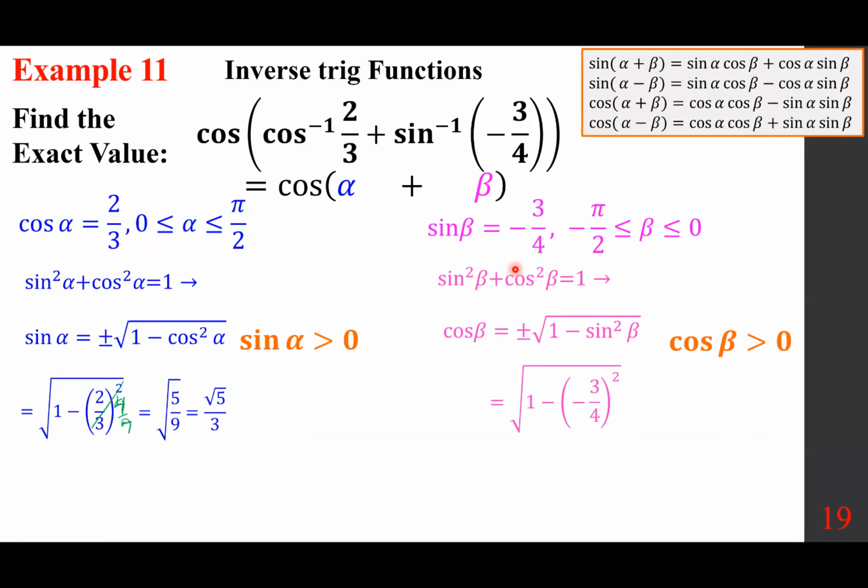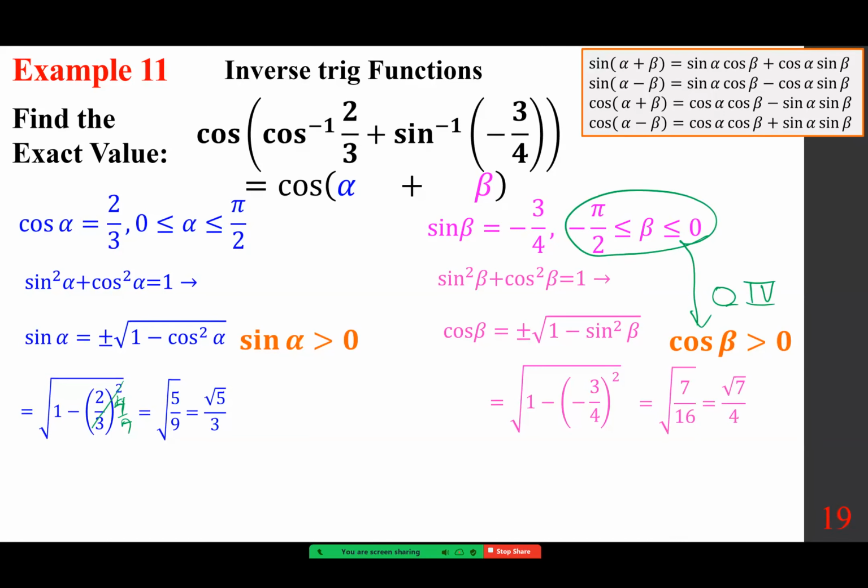Why? Again, quadrant 4, okay? So this is obviously 9 over 16. We get 7 over 16, and the square root of that is square root of 7 over square root of 16, which is 4.